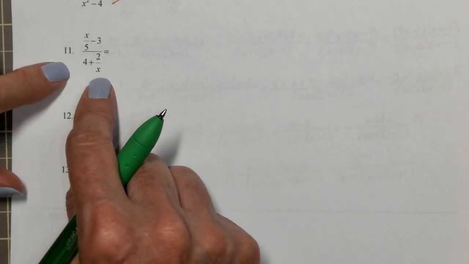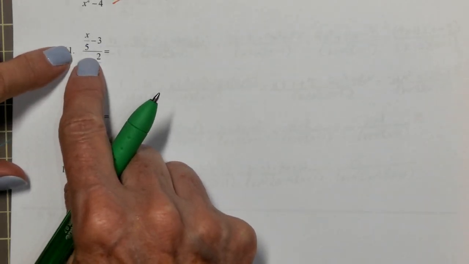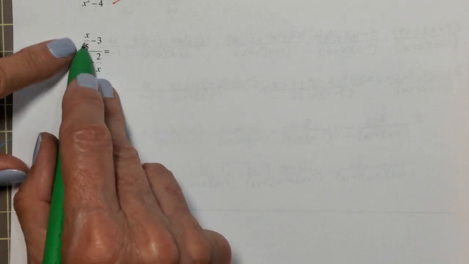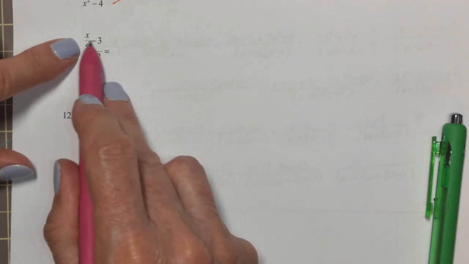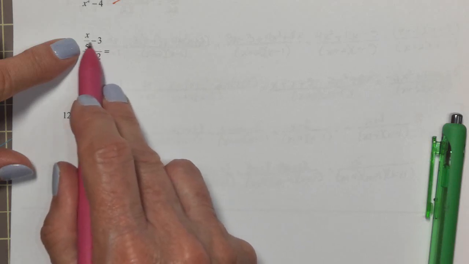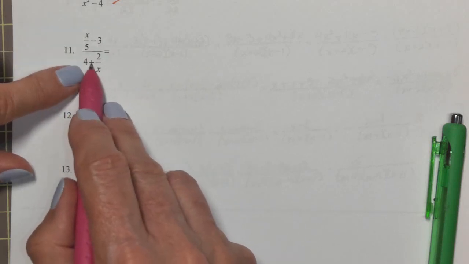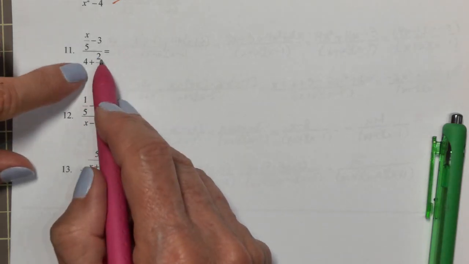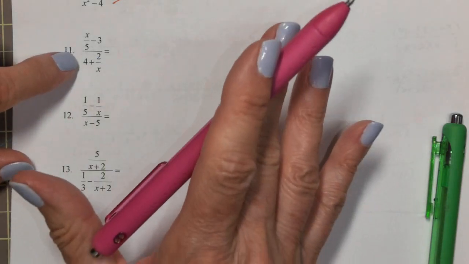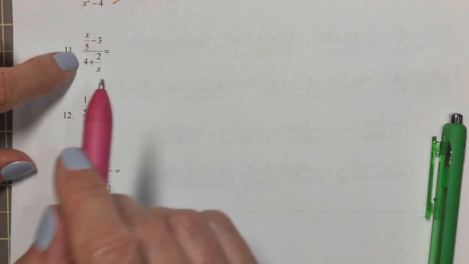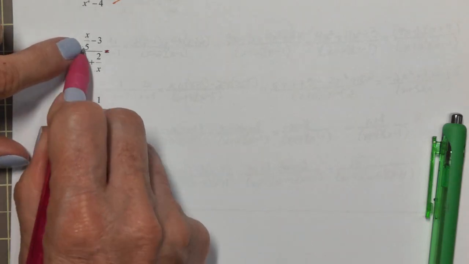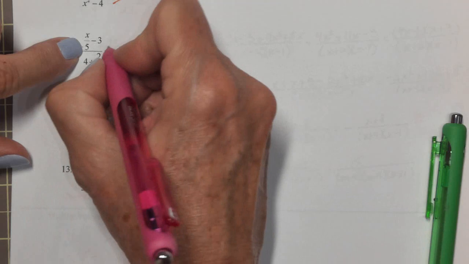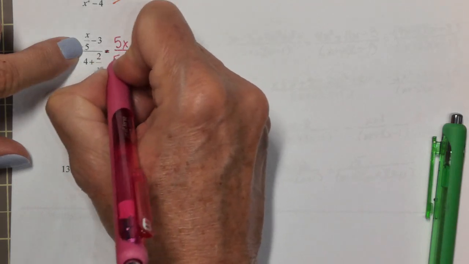All right, let me give you an alternative. In a problem like number 11, where we have a complex fraction and it's very messy, I like to, instead of getting a common denominator here and here, adding, and then multiplying by the reciprocal, which mathematically is fine to do, instead immediately get rid of the little denominators, in this case the 5 and the x, by multiplying the top and the bottom by 5x.